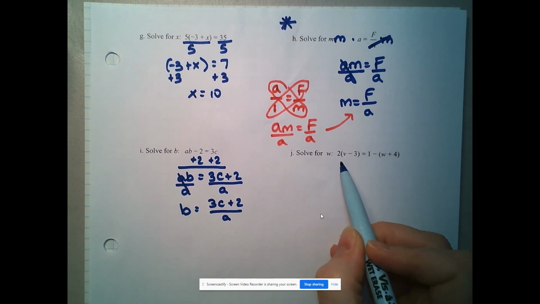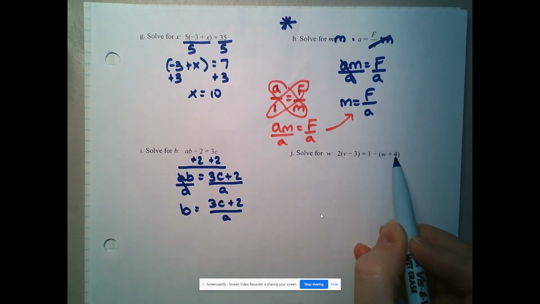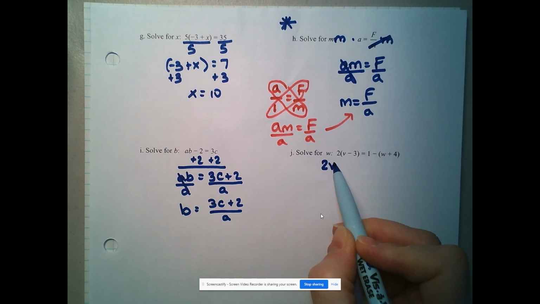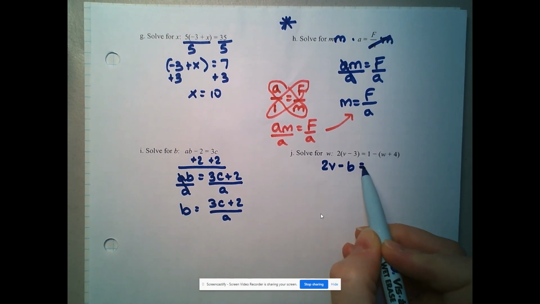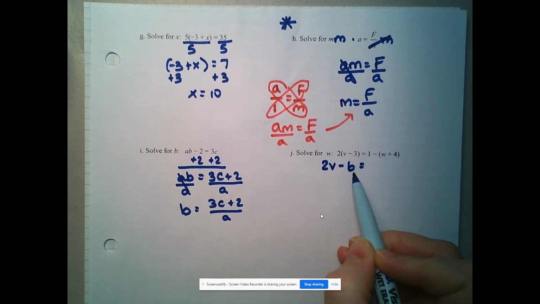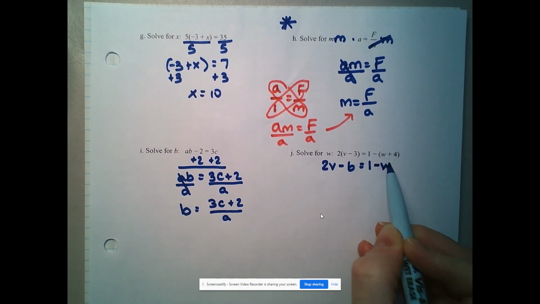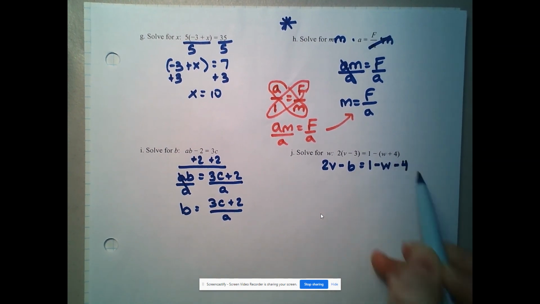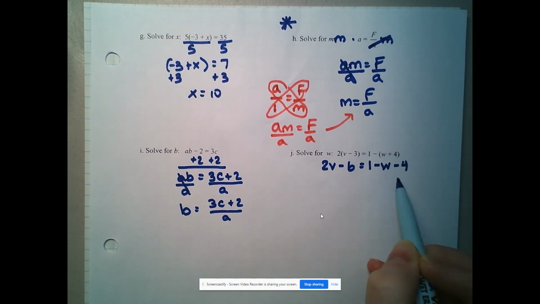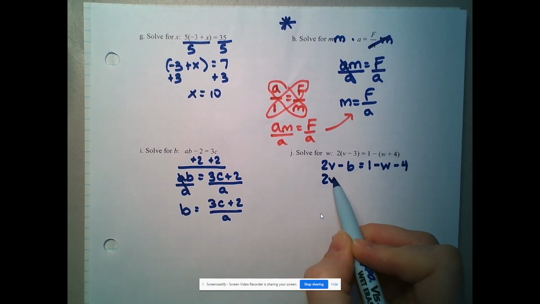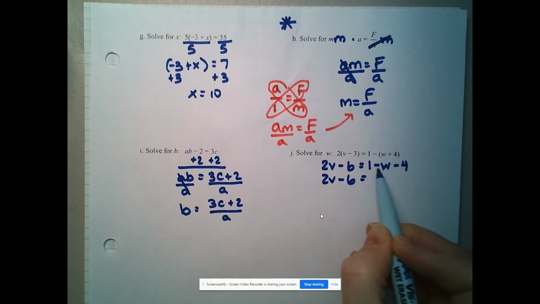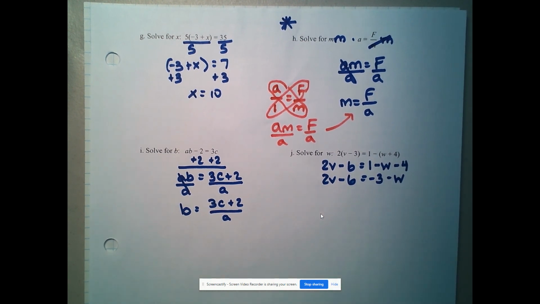All right, so I'm going to say I cannot divide both sides by 2. I will start by distributing 2 times v, 2 times minus 3 equals 1. I'm going to distribute that minus, so minus w and then minus 4. Getting w by itself, I'm going to simplify the 1 minus 4 as minus 3 minus w on the right.